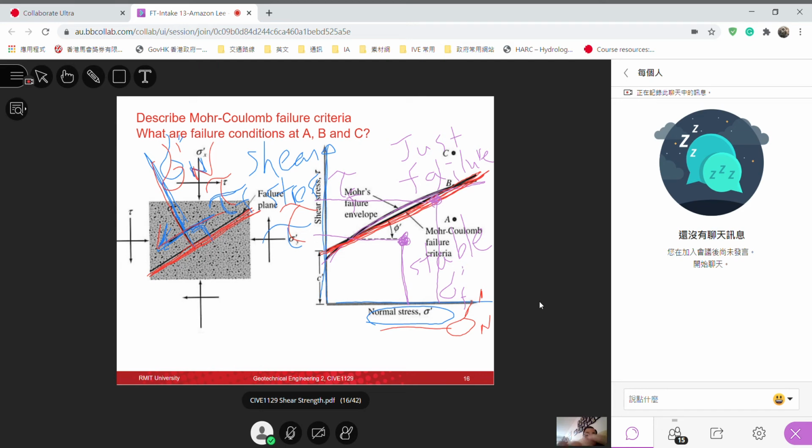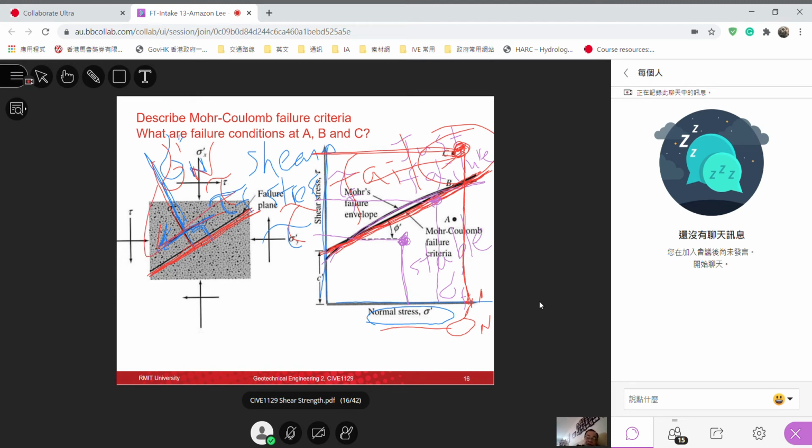Now if we have a pair of normal stress here and shear stress that comes to here, meaning that along a potential failure plane we have calculated this normal stress value and this shear stress value, and it is above the Mohr-Coulomb failure criteria, then no doubt the soil mass will fail.